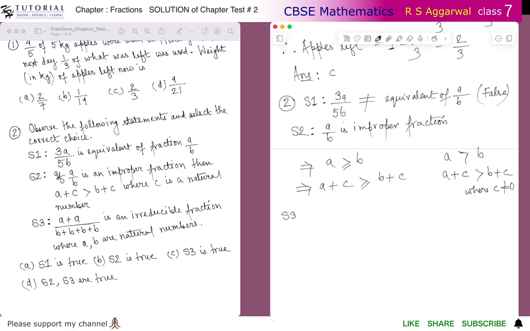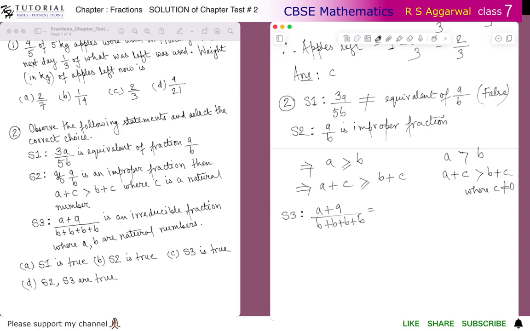Now what is S3? S3 says (A plus A) divided by (B plus B plus B plus B) is an irreducible fraction, where A and B are natural numbers. Okay, fine.